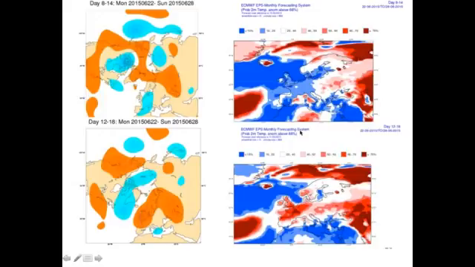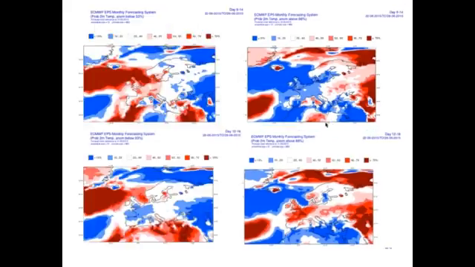The right-hand side shows the probability of temperature to be in the upper tercile of the climate distribution. From quite high probabilities of warm weather, now we end up with quite low probabilities of this happening. When we look at the forecast distribution, we focus not only on the upper tercile but also the lower tercile, and you can see the maps for the lower tercile here as well.